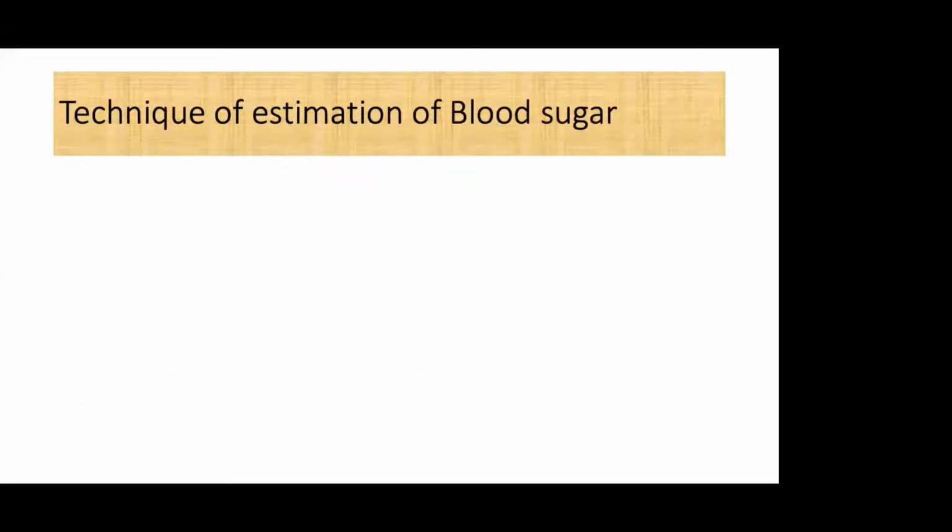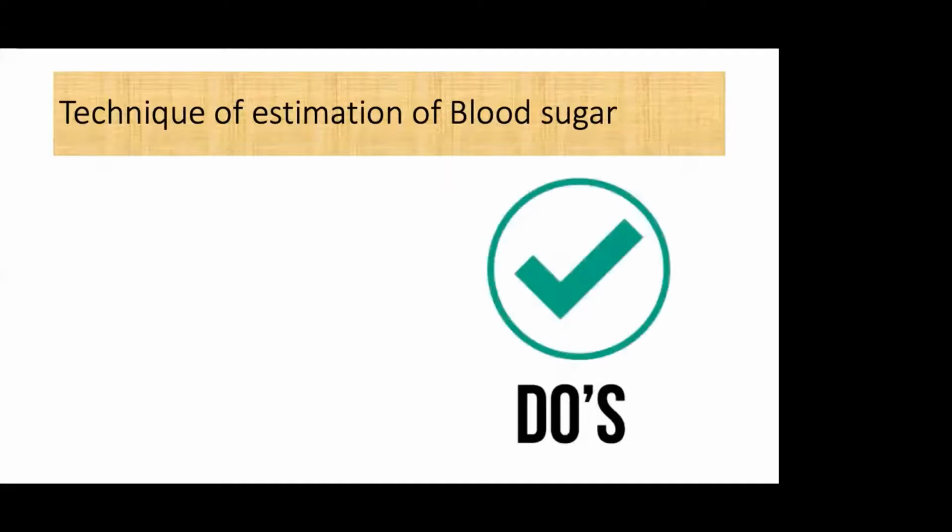Then coming to the technique of estimation of blood sugar. A glucometer is available in all SNCUs. So we'll discuss some of the do's and don'ts while estimating blood sugar. We use a glucometer for estimation of blood sugar in neonates at SNCU. The site should be a heel prick or a peripheral vein. The heel should be warm. So how to make the heel warm?